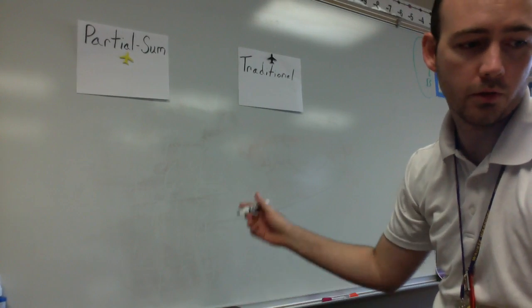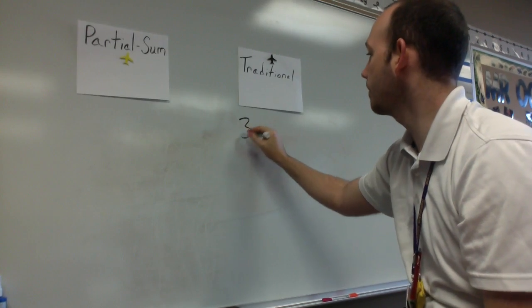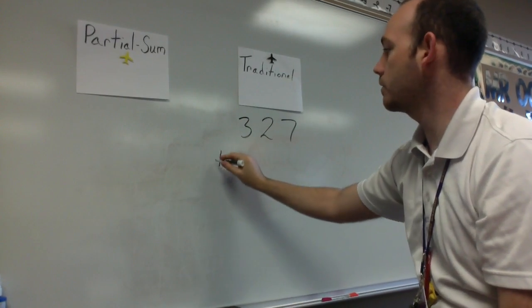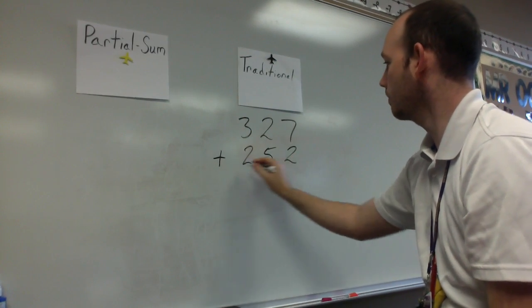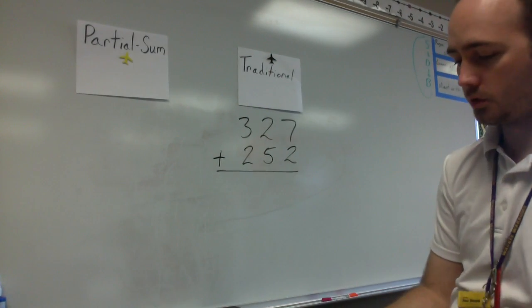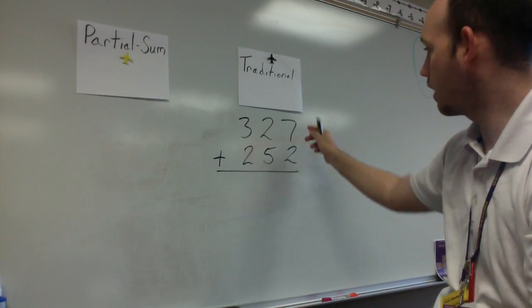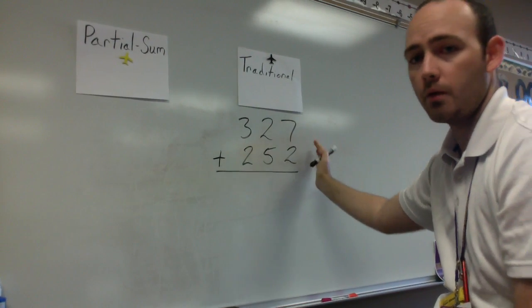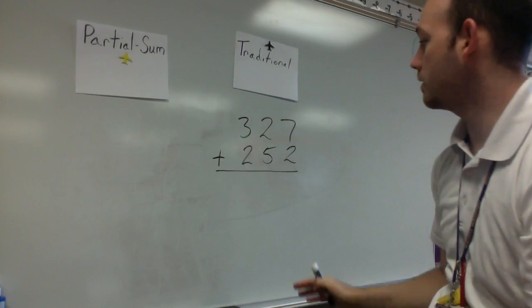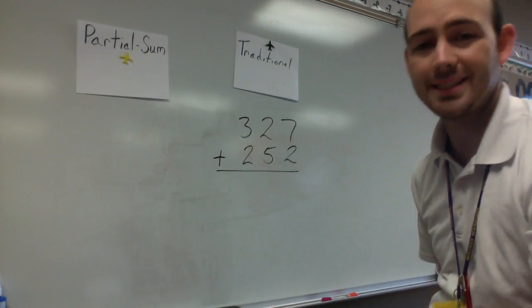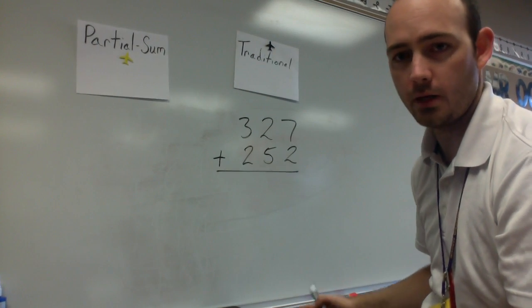So the first problem we're going to do is 327 plus 252. So in the traditional method, we're just going to start over at the smallest place values, and we're going to slowly work our way over. The difference is going to be if we end up going over a 10, we're going to have to trade or carry.